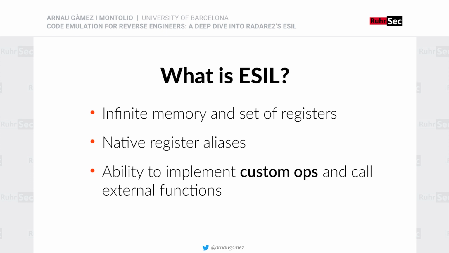So it will be very useful. Of course, those register aliases will be translated to other ones on another architecture. For example, in ARM, it will be R1, R2, R3, etc.